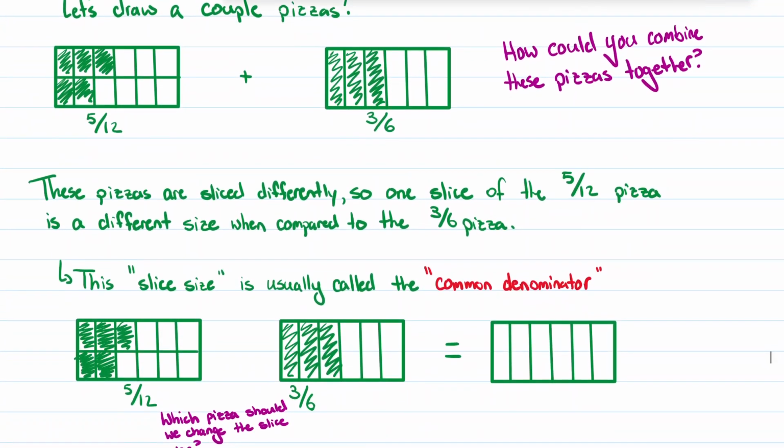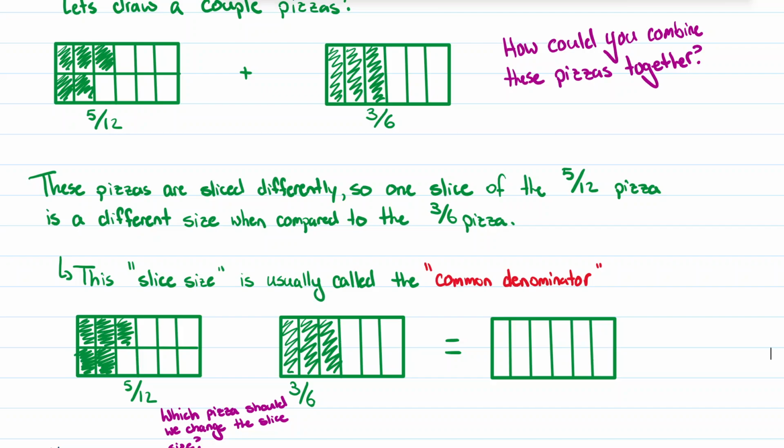So one slice of the 5/12 pizza, it's going to be a different size when you compare it. And you can see it right here, right? This slice here is a different size than that long slice over there. We need to be able to change the slice sizes in order to add or subtract these fractions together.